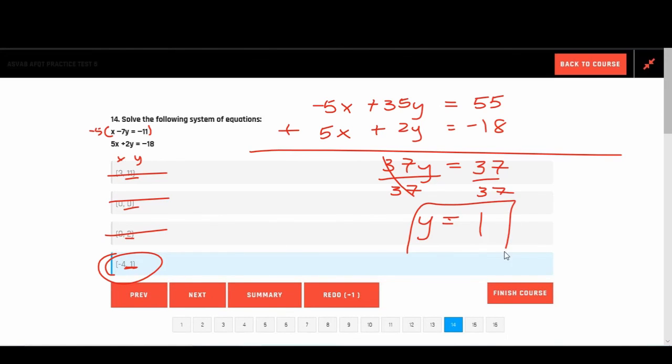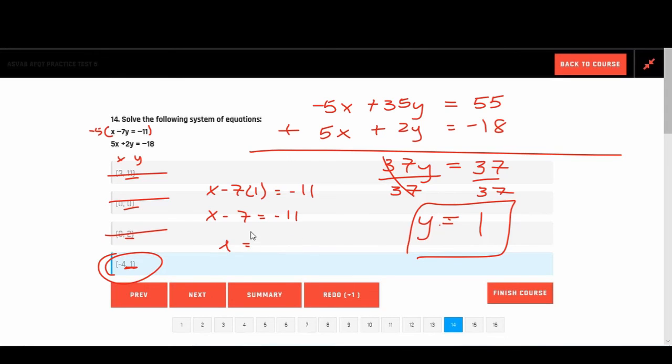That said, once you solve for one of the variables, you plug it back into the original equation and solve accordingly. So I'm going to take this y and plug it into this first equation. And that's going to look like this. X minus 7 times 1 equals negative 11. X minus 7 equals negative 11.